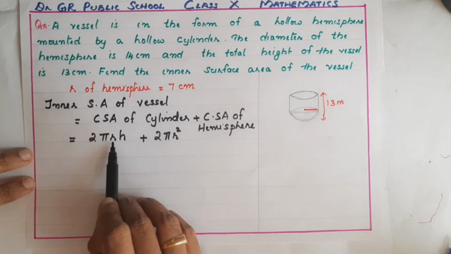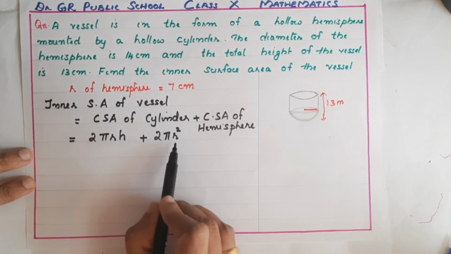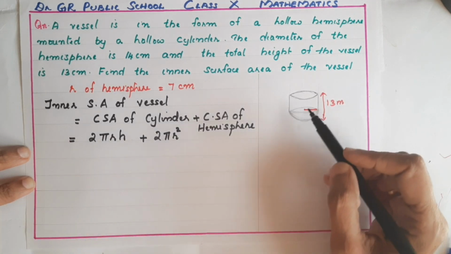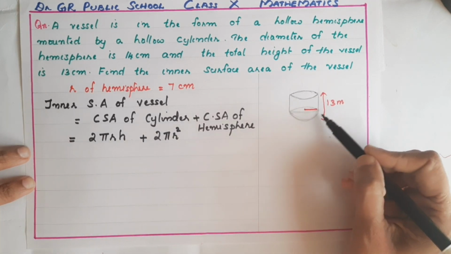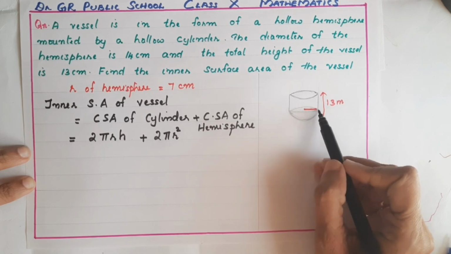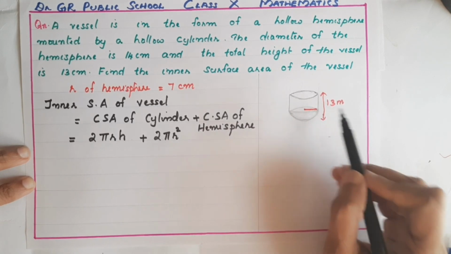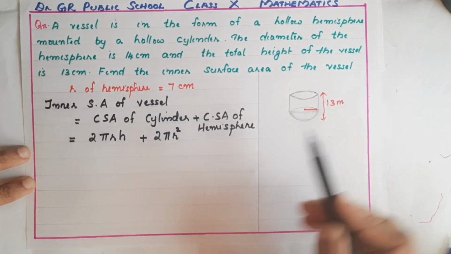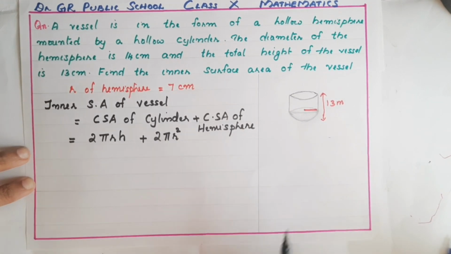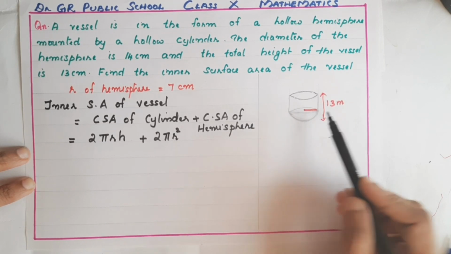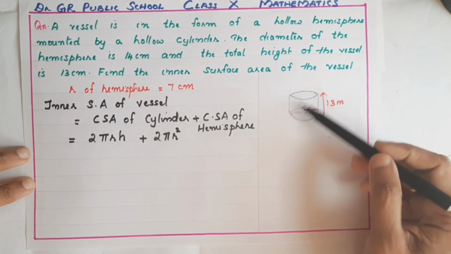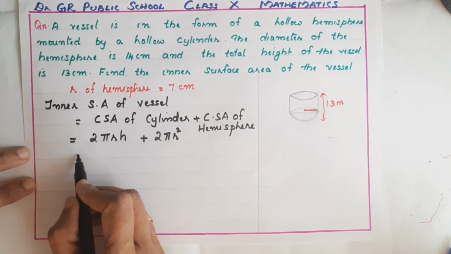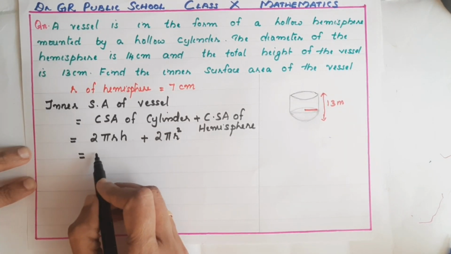Can we write r in both places? Are they equal? Yes, for the cylinder and the hemisphere, the same radius, isn't it? So, we can use the same letter r for both. Both have the same radius, we can understand from the figure itself. Now we can take the common factor outside.